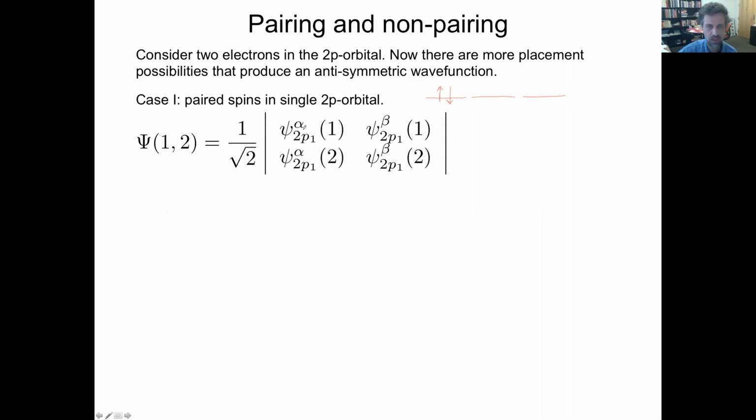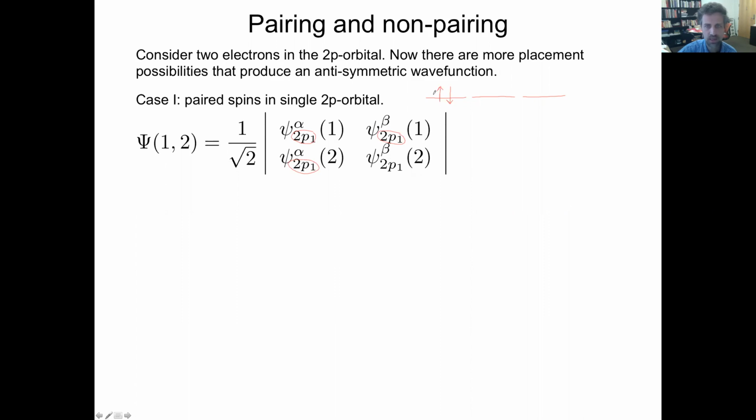And this is how I'm going to do it. Listing the possibilities for particle number 1, listing the possibilities for particle number 2. It must be in this orbital state, okay? So that doesn't change, but it can do so either in the alpha or in the beta way for particle 1, and exactly the same story for particle 2. It must be in the first p state, okay?